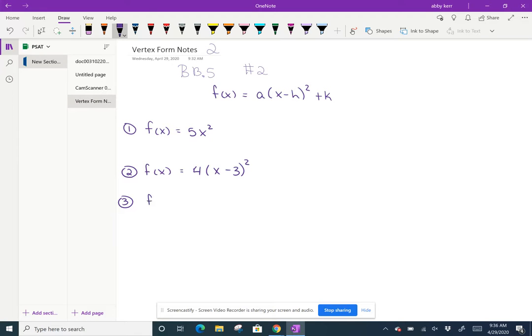You may see a problem like negative 2x squared plus 6. Or you could see something that's very similar to the template, f of x equals a times the quantity x minus h squared plus k, where you have all of the components.